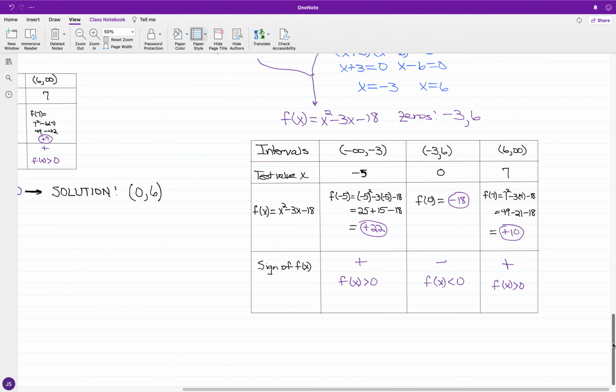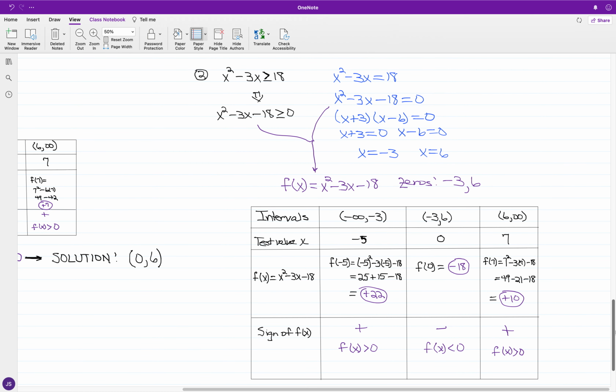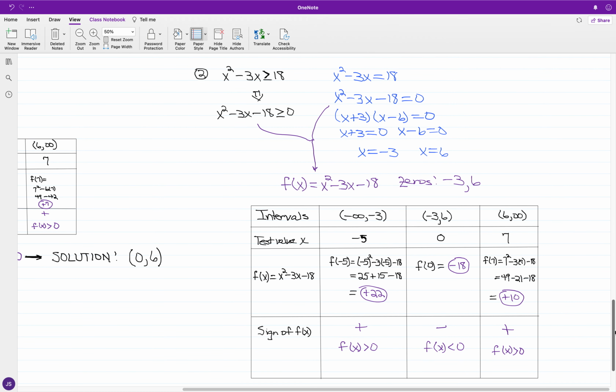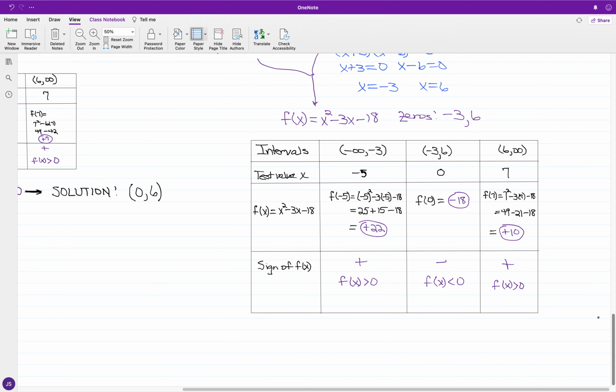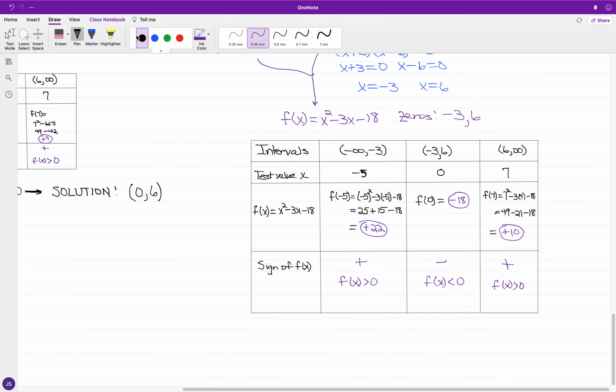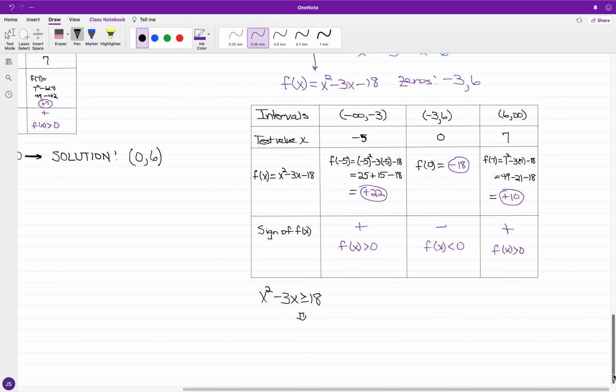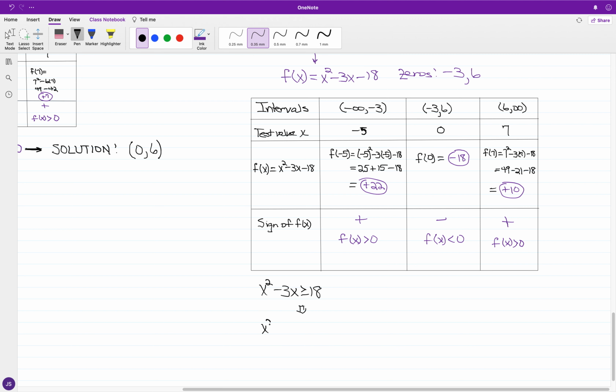And so for the overall picture, we started out with x squared minus 3x is greater than or equal to 18. And again, rewriting this as a comparison to 0 inequality, I have x squared minus 3x minus 18 is greater than or equal to 0.